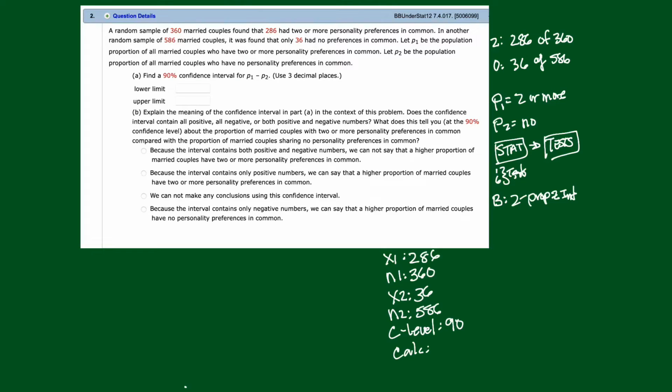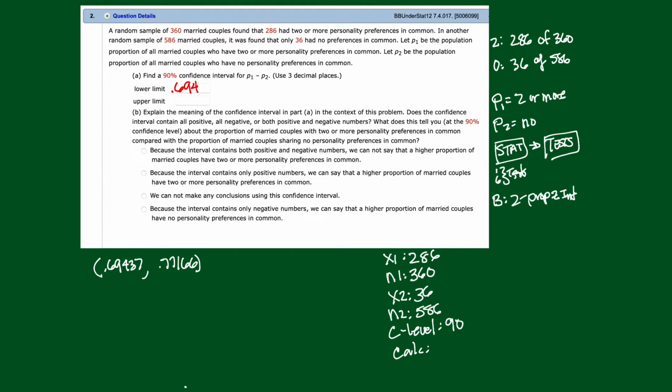And I got this interval. I'll put it over here on the left. I got 0.69437 up to 0.77166. And what about our rounding? Let's look for rounding. What's it say? Use 3 decimal places. All right, so 3 decimal places. I'm going to put 0.694.